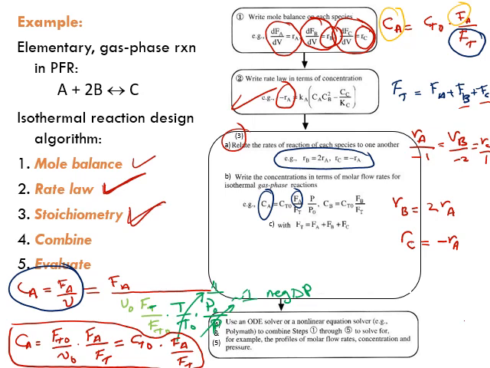When I do this, I might introduce other variables, like T could be a variable. So you provide an equation for T using the energy balance. We'll come to this in chapter 8. What else could be variable? P could be variable. So you also need to provide an equation for P, which is the Ergun equation. What else is variable?